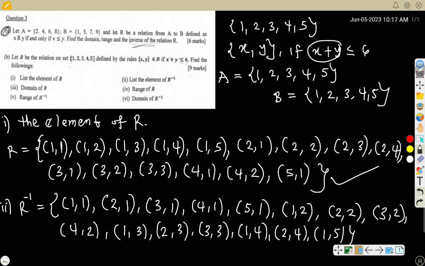So what we did there is that we only write all these ones first, all the second member. So this is our inverse of R.